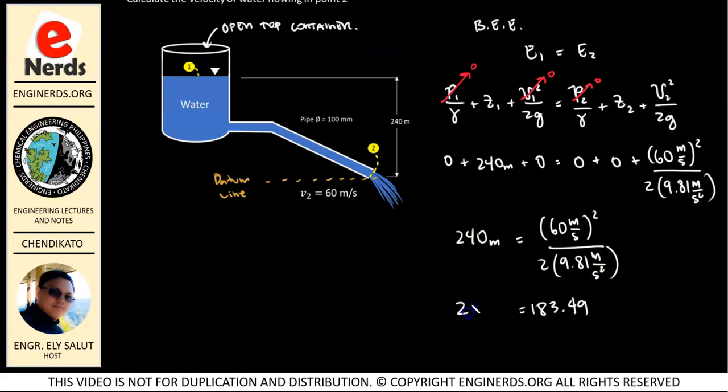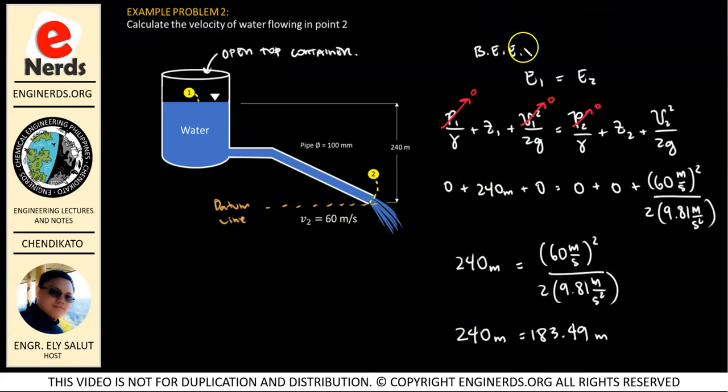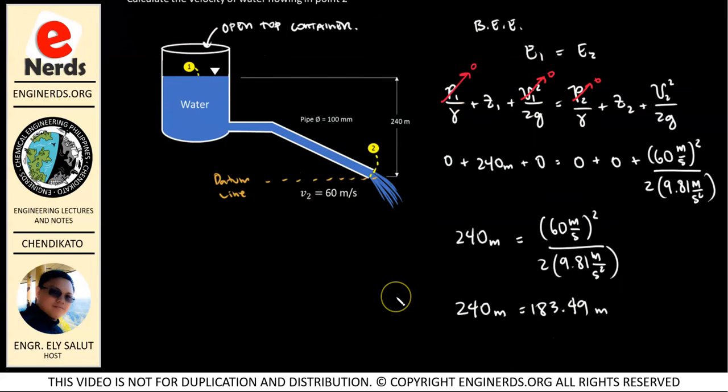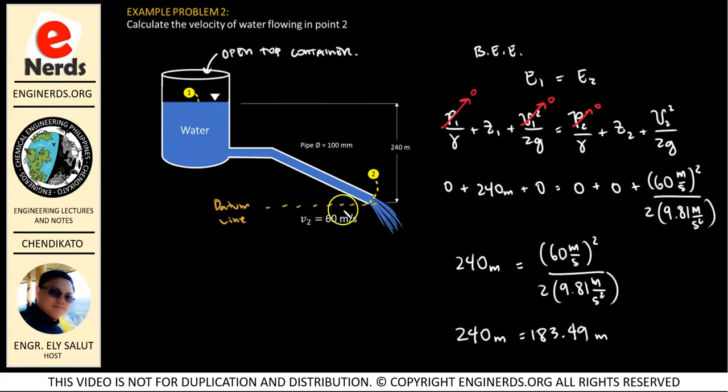While here we have 240 meters. Paano nangyari yan? We have 240 meters here, we have 183 meters here. So, hindi siya equal. Sabi natin sa Bernoulli's energy equation, kailangan equal ang energy natin sa point 1 and point 2. So, we have to analyze ano ba yung nangyari.